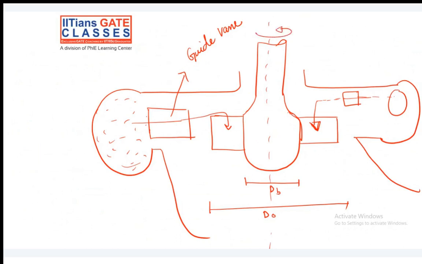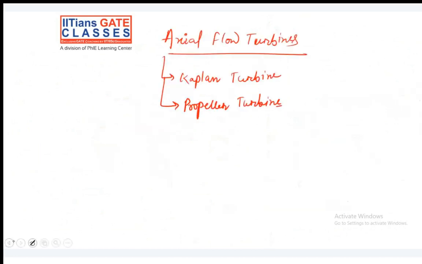Can we see that the water is entering in the axial direction of the shaft? That is why this is called an axial flow turbine. And what are the types we have seen? One is propeller and the other is Kaplan.